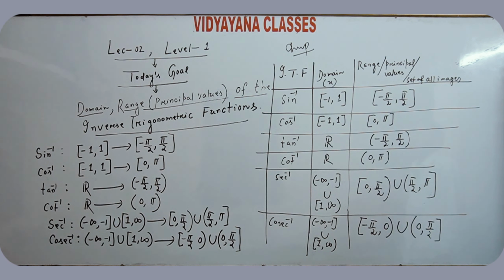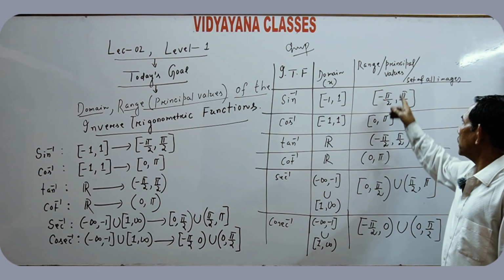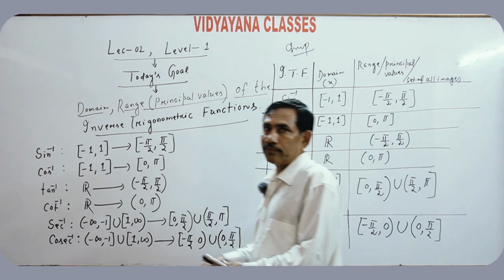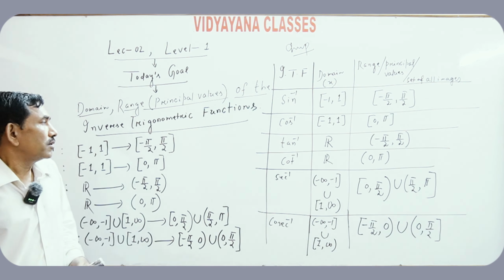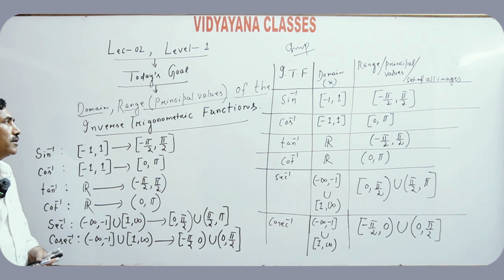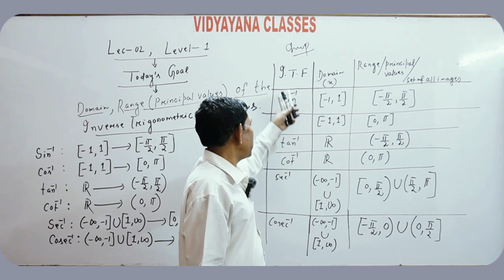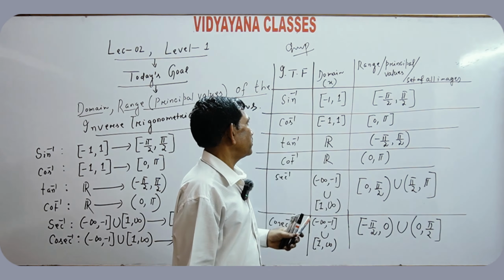Most important to solve the problems, we have to remember the domain and range or principal values. Clear? In the first lecture, we have discussed all basic inverse trigonometric functions.